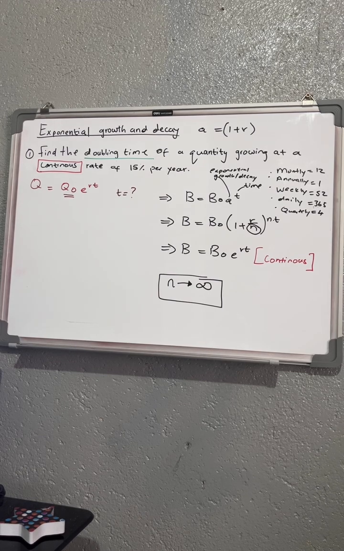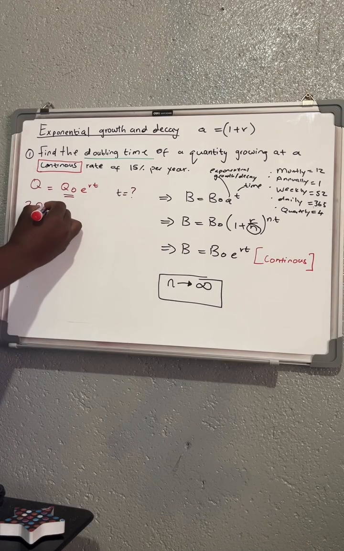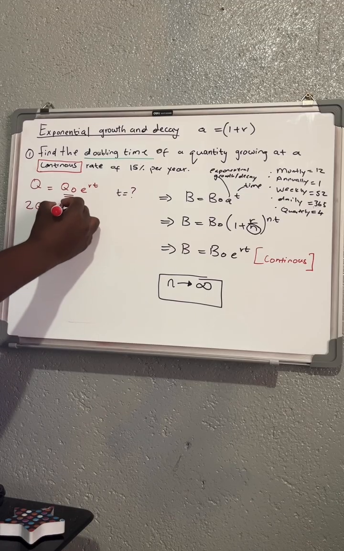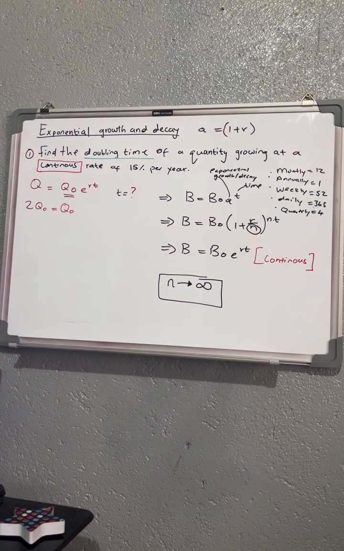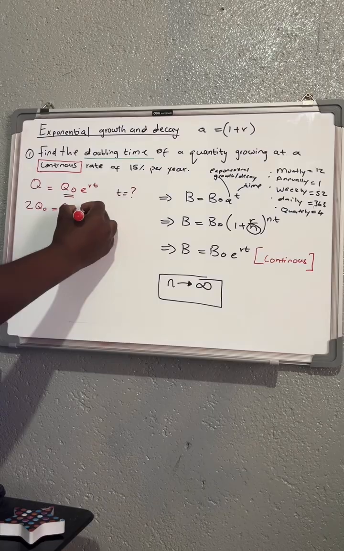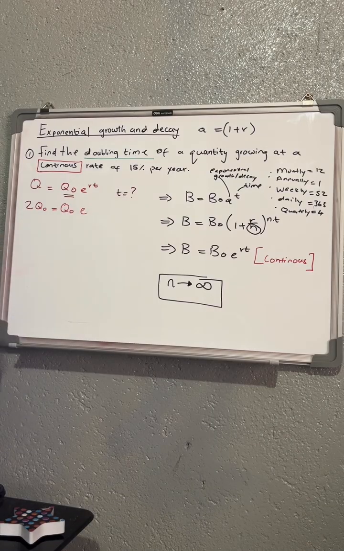So I can come and say I have my twice quantity, or the initial one, then here you have that initial, then you have your e, then your r. I'm trying to divide this by 100, the 15% divided by 100, what do you get?